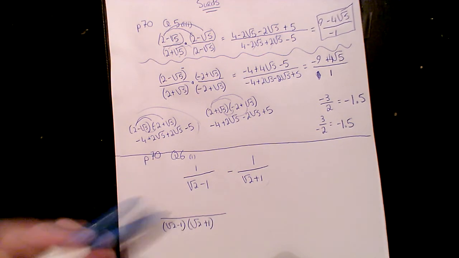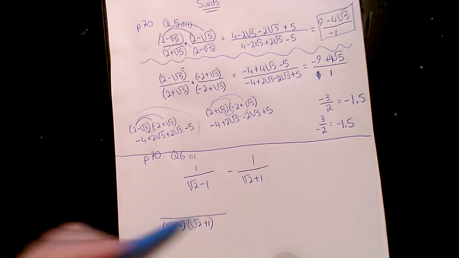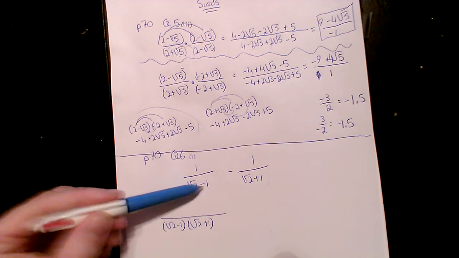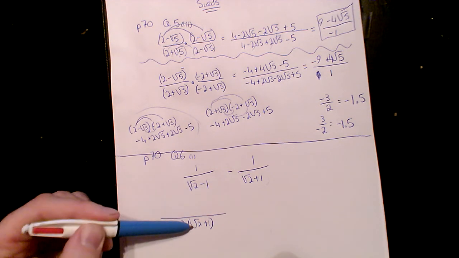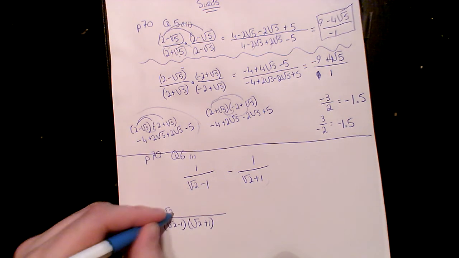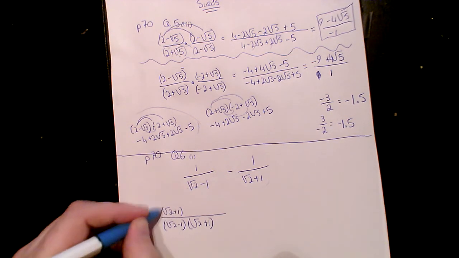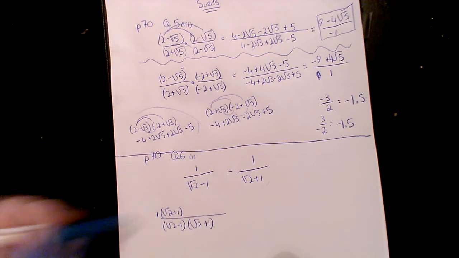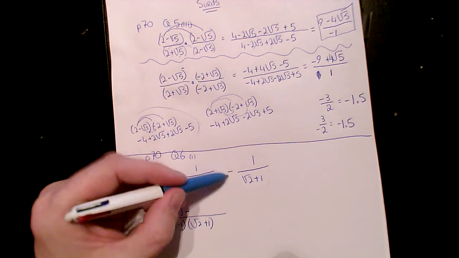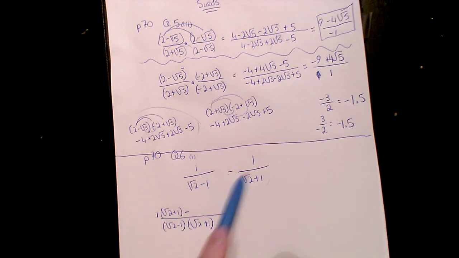Okay, and ask yourself then, how many times does this go into this? So how many times does root 2 minus 1 go into root 2 minus 1 multiplied by root 2 plus 1? Well, the answer is root 2 plus 1 times, and there's the 1 on top, so we'll stick it there just to keep it neat. The minus, and then how many times does this divide into this?